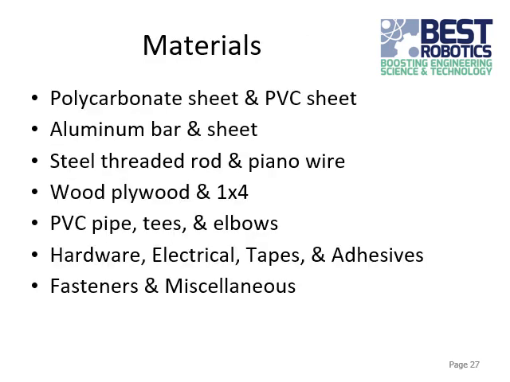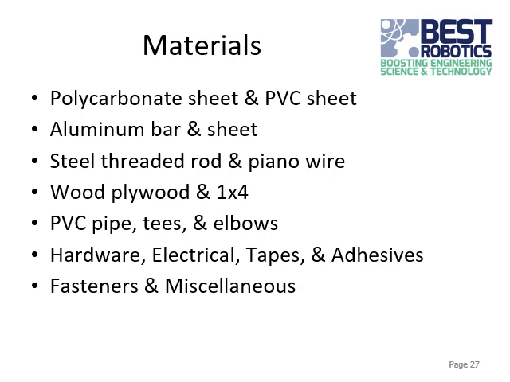So for your materials, you've got the plastic sheets, so like the polycarbonate and PVC sheets. You've got some aluminum parts, like there's the aluminum flat bar, and there's an aluminum sheet. You've also got a steel threaded rod and some piano wire if you want to use that. There's a good amount of various wood things.